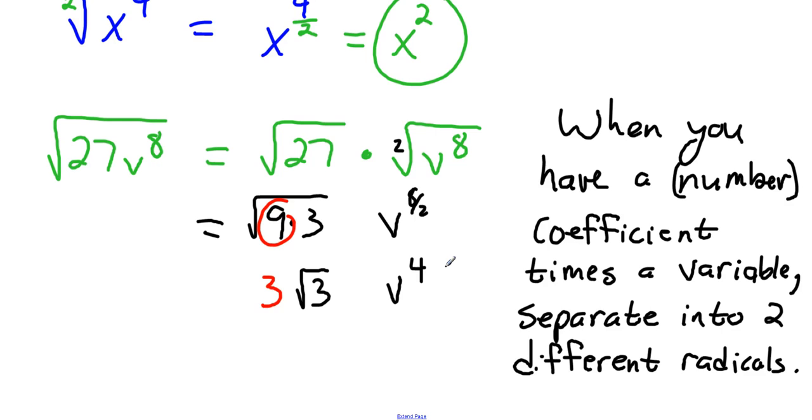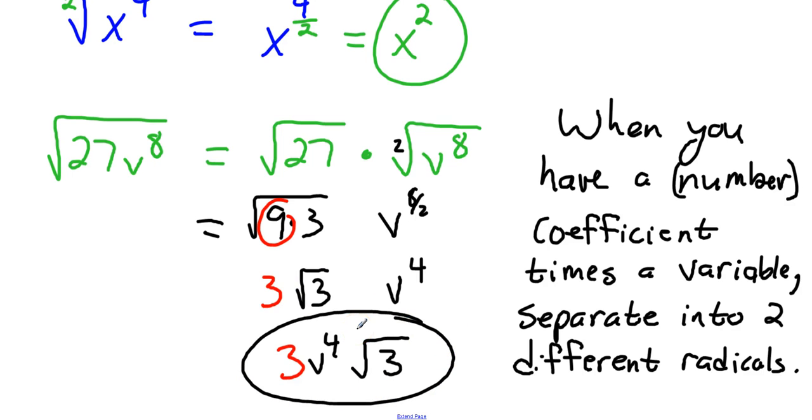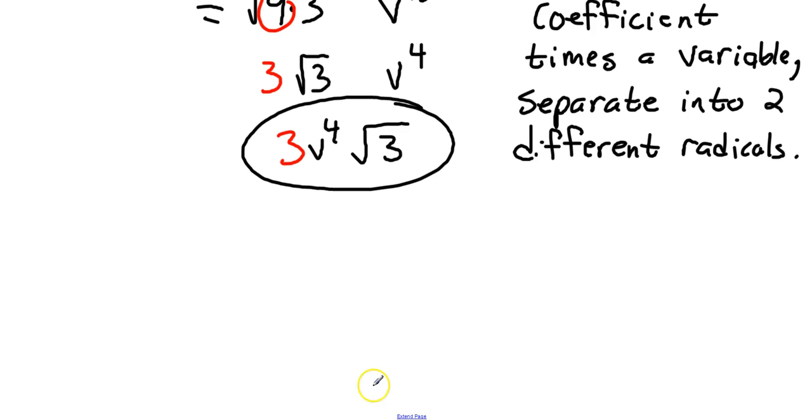And everything that you take out of the square roots goes together. So the 3 that we've got here and the v to the 4th would go together. And then the square root of 3 that's left over, well, it stays on the inside by itself. To get your answer, that would be 3 times v to the 4th times the square root of 3.